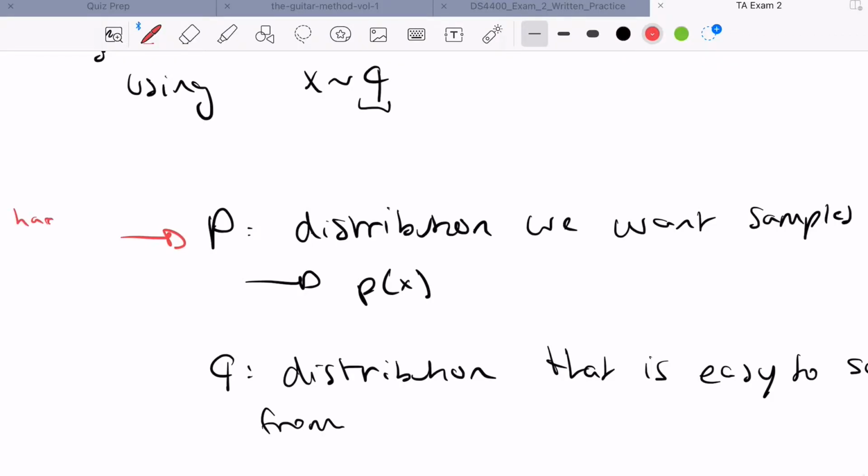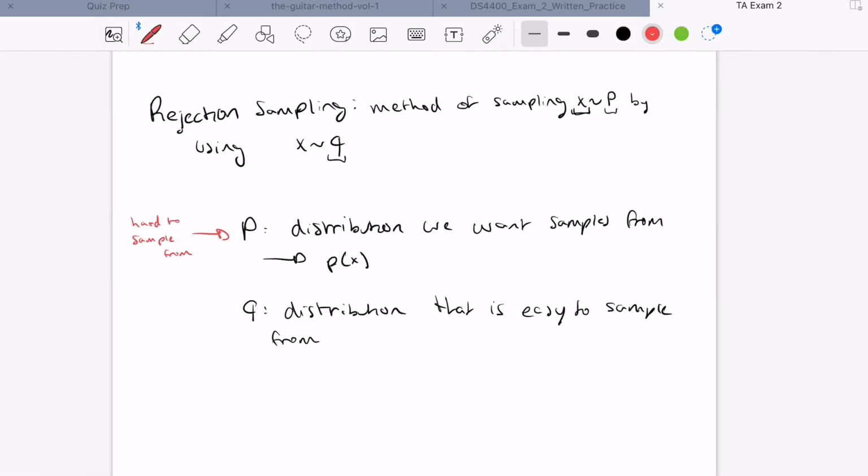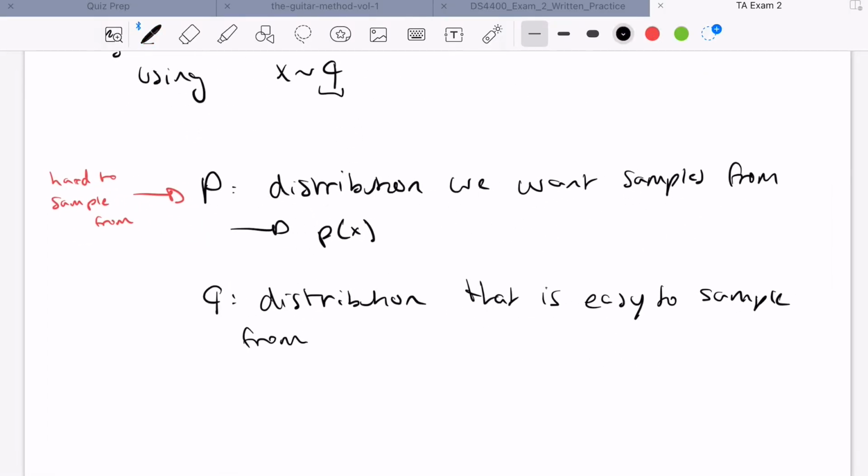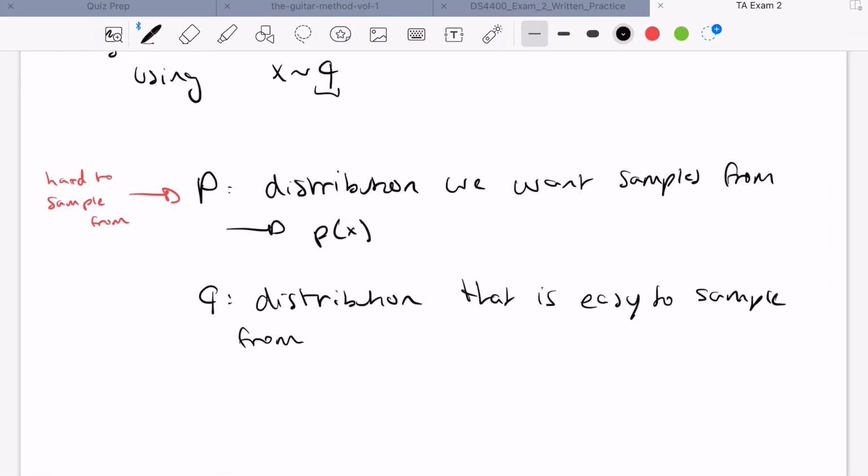So what we can do is use a distribution like Q, which is easy to sample from. And by easy, I mean these are known distributions, like the Gaussian or the uniform distribution, which sampling from them is a solved problem.